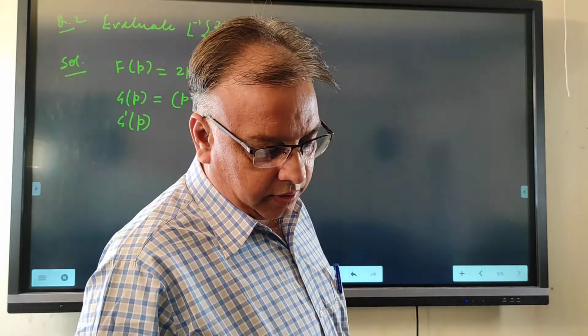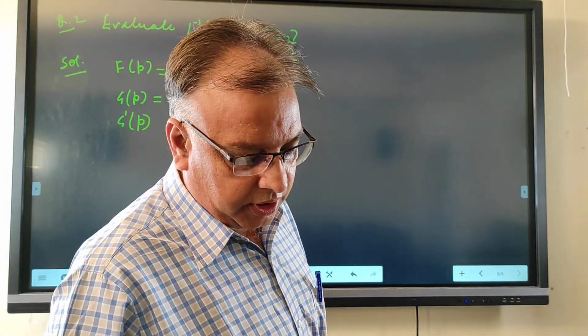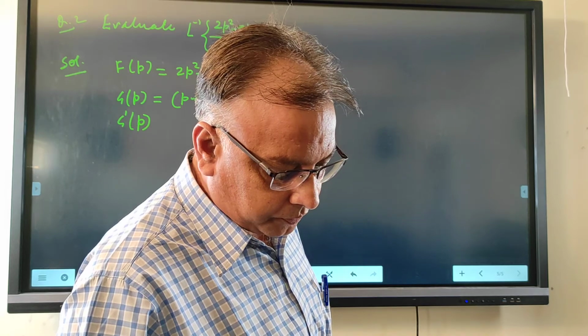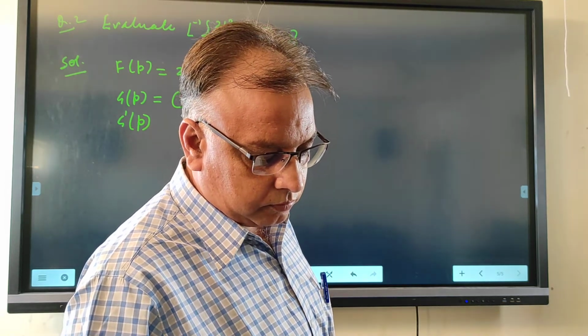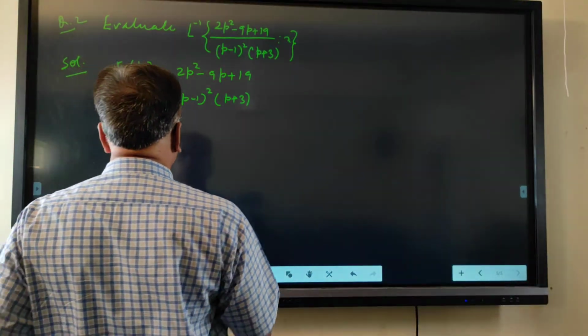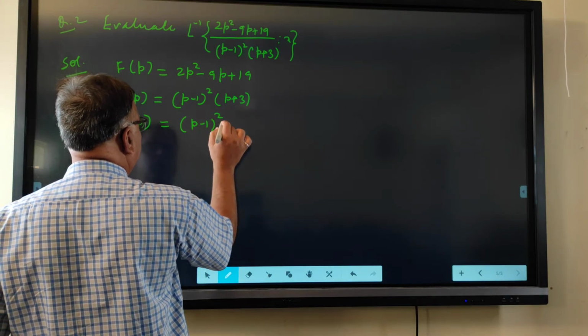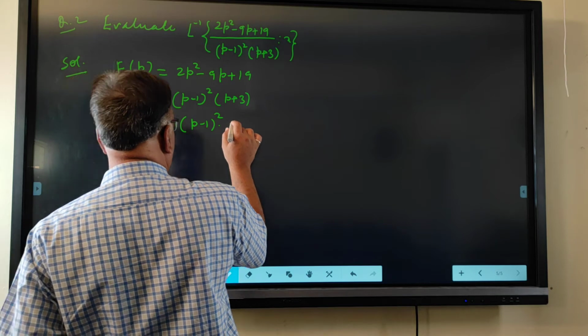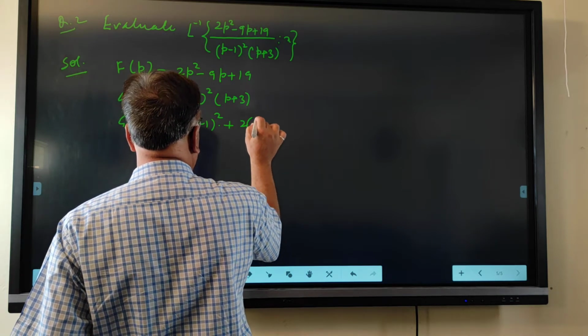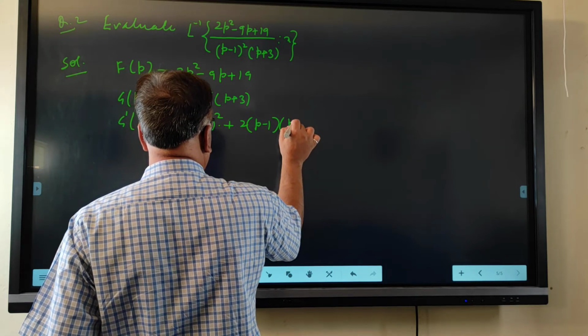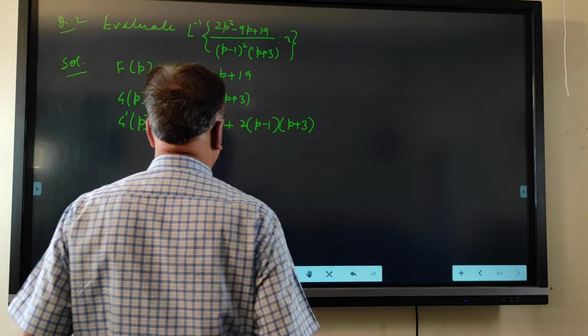If we find G dash p, then G dash p is equal to (p minus 1) whole square into 1 plus 2 into (p minus 1) into (p plus 3).